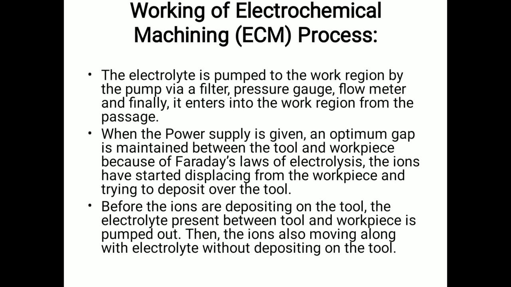Because of Faraday's law of electrolysis, the ions start displacing from the workpiece and try to deposit over the tool. Before the ions deposit on the tool, the electrolyte present between the tool and workpiece is pumped out. Then the ions also move along with the electrolyte without depositing on the tool.